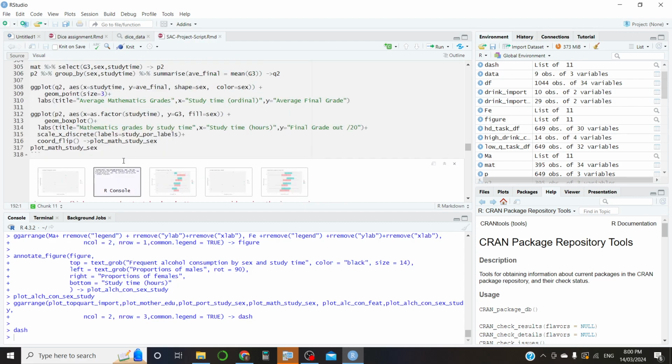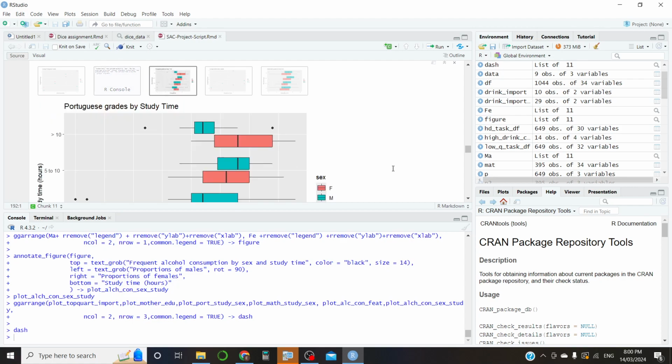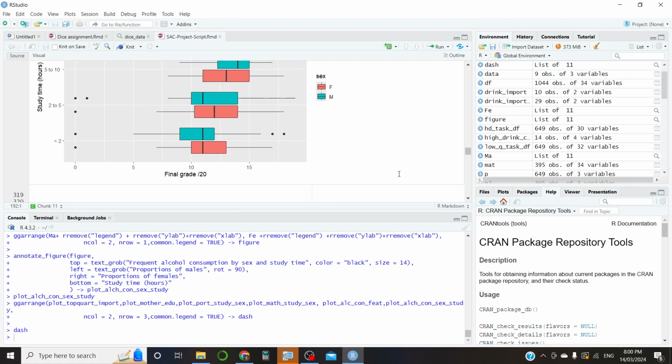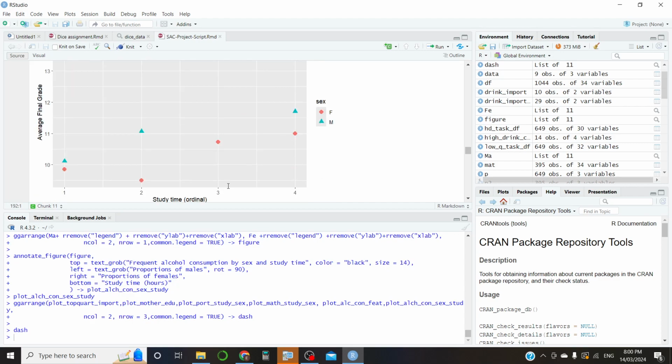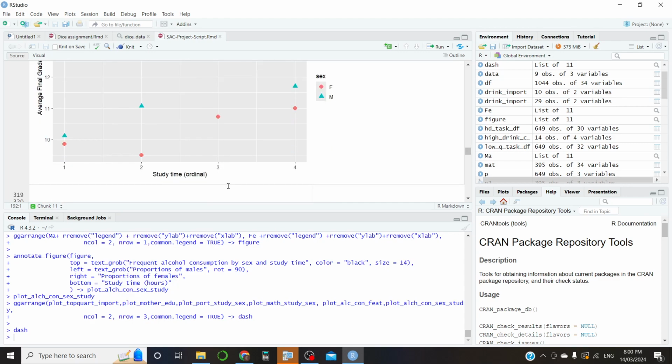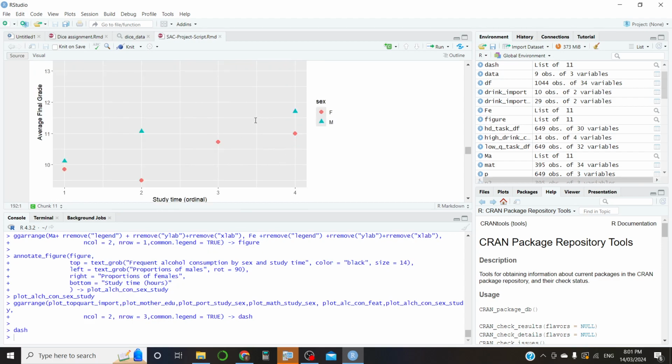I don't know why that's not working. It doesn't matter, skip over it. That's probably the one I put up on there. I looked at average mathematics grades, and there's a little bit of inversion. That's going to be close. Boys outperforming girls, boys massively outperforming girls, and boys a little bit outperforming girls. So boys are doing quite a bit better at math. They just don't want to speak Portuguese.